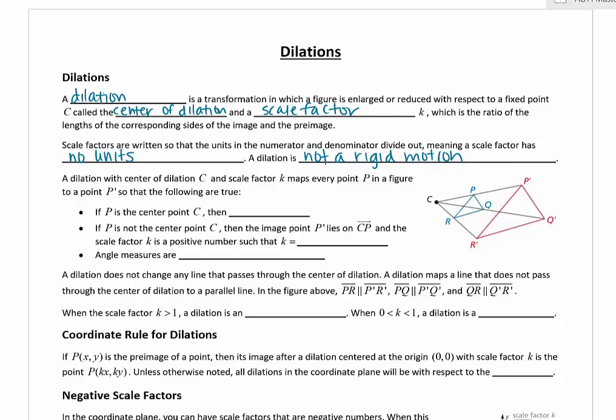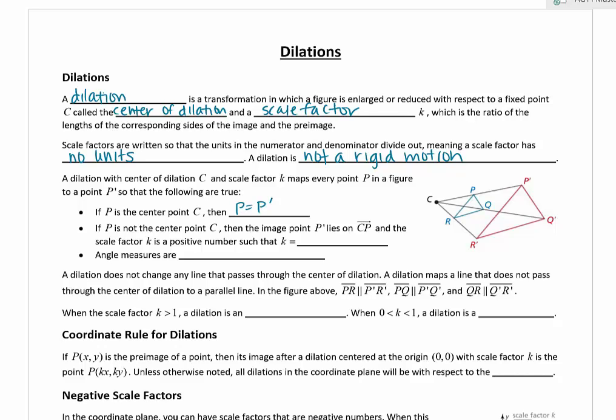A dilation with center of dilation C and a scale factor K will map every point P in a figure to P prime so that if P is the center point, then P is equal to P prime. If we're dilating with respect to P, then P and P prime are going to be the same thing.